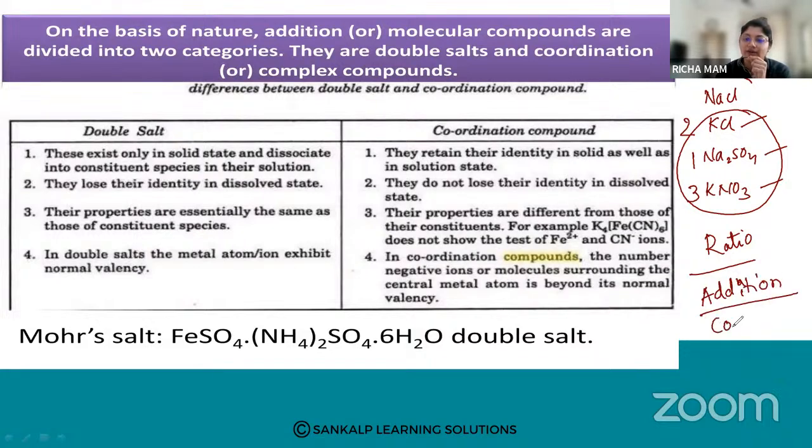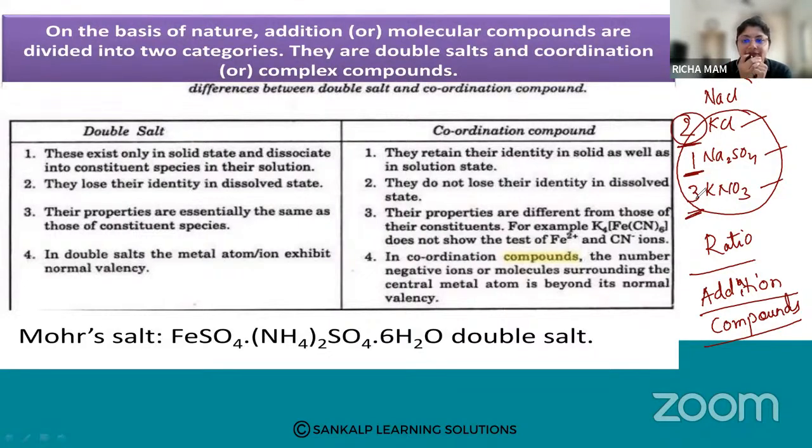Stoichiometric ratio means proper terms, such as 2 moles of KCl and 1 mole of Na2SO4. It represents how many moles of that particular compound are present. That is what stoichiometry means.